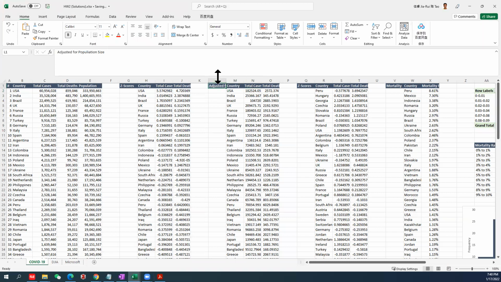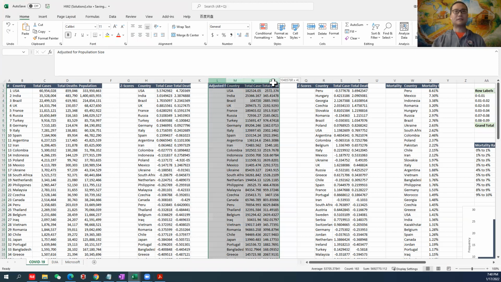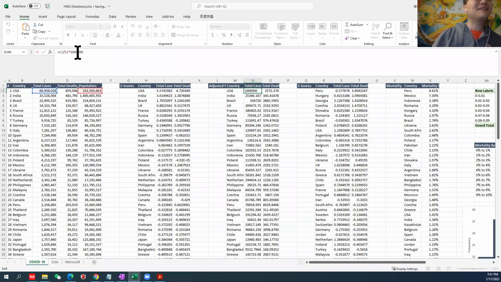Yes. So in these columns, I have the adjusted scores. For example, for USA, this number would tell us how many cases there are in, I guess this is 1 million or maybe 10 million. Oh, this is actually 1 million. So this number, the adjusted total cases, is defined by the ratio between total cases and population multiplied by 1 million.